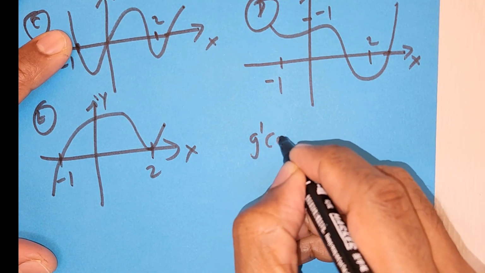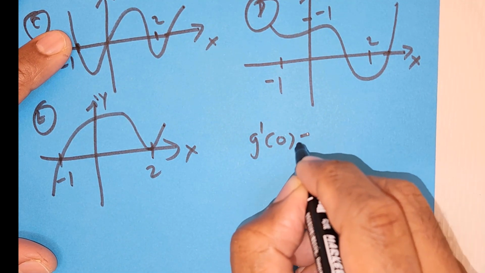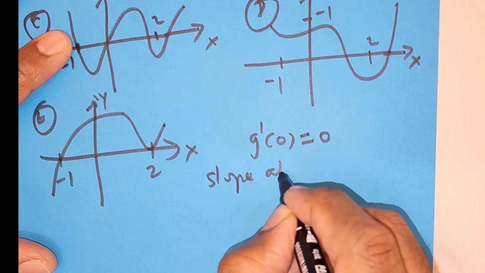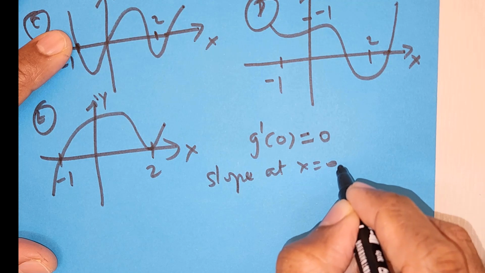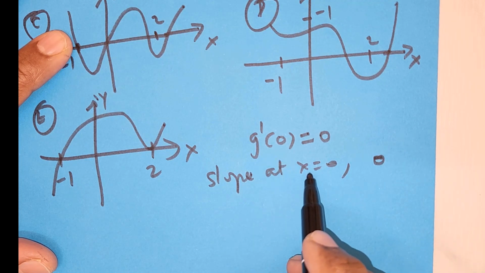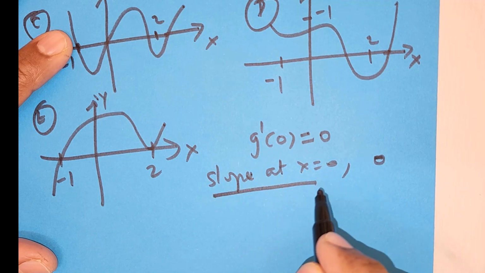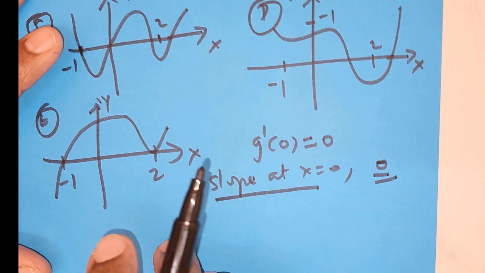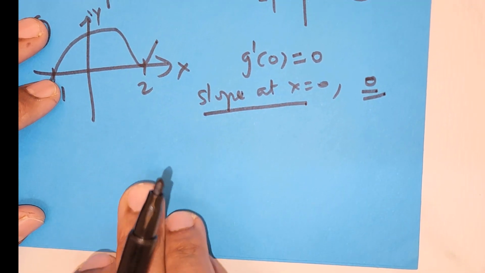Now let me focus on condition 1. G dash of 0 is equal to 0. This means the slope at x equal to 0 is giving us a value 0. When x is equal to 0, the slope is producing a value 0.